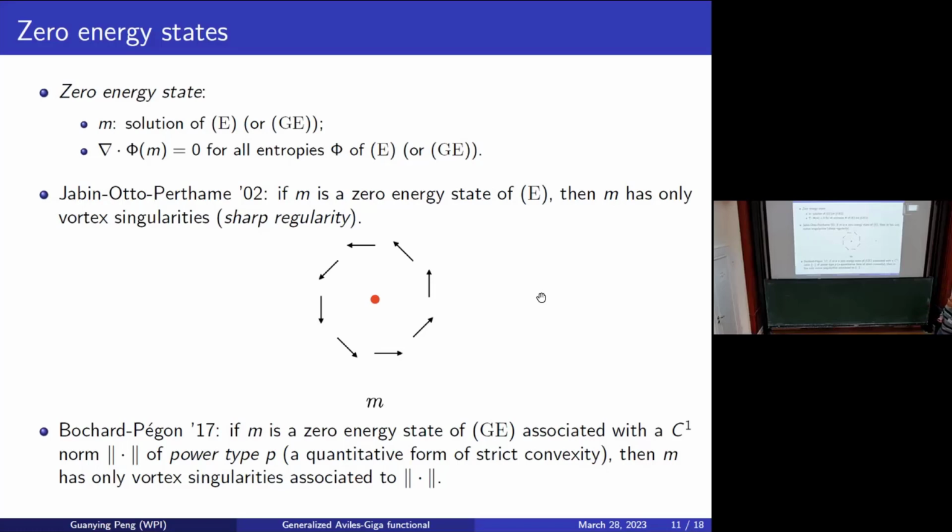Further away from the vortices, the vector field M must be locally Hölder continuous, where the Hölder index depends on P.